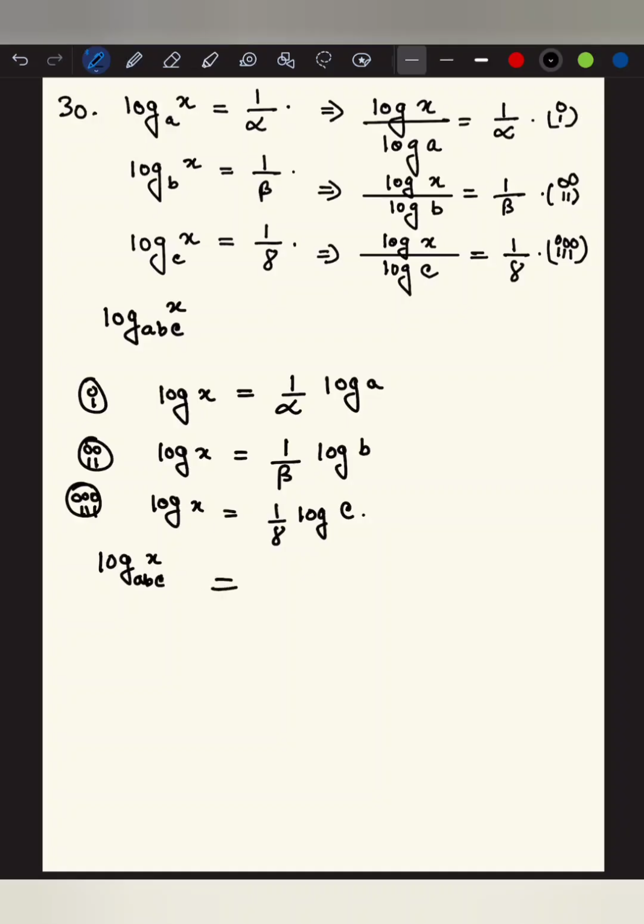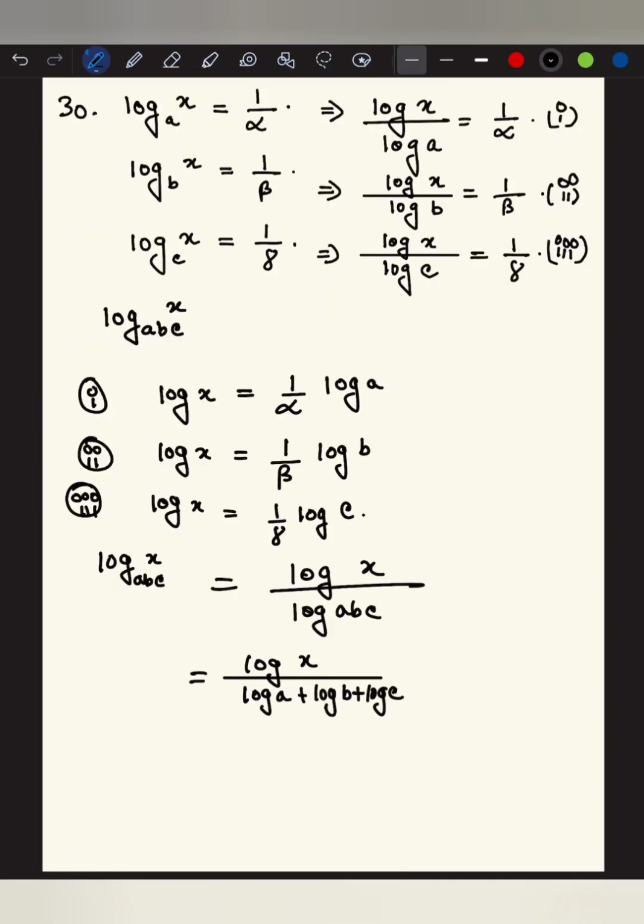Which can be simplified as log x by log ABC, which is equal to log x by log A plus log B plus log C.